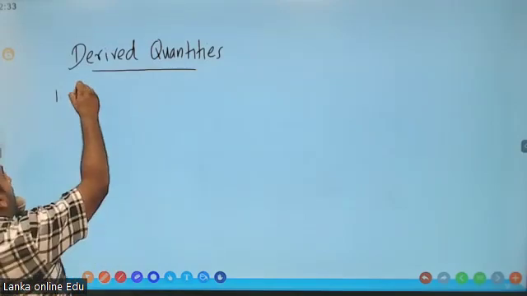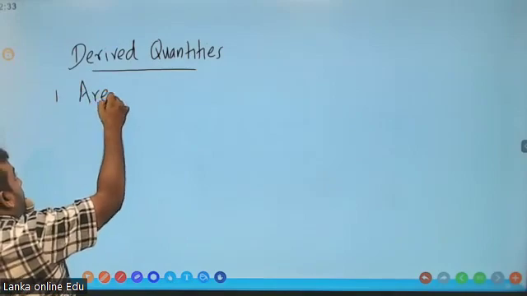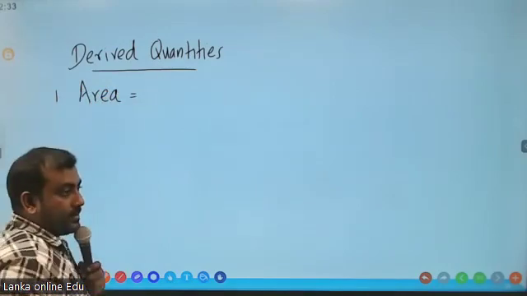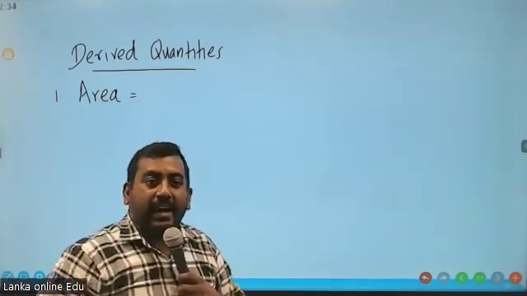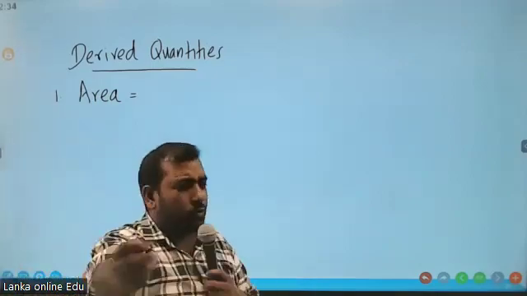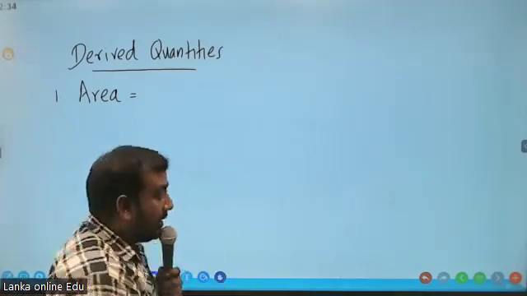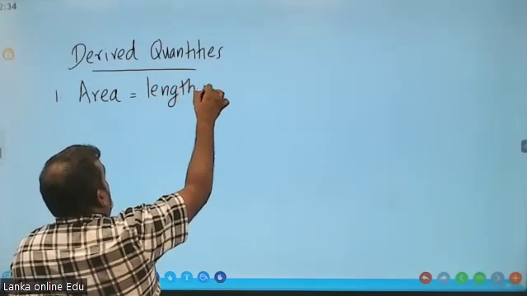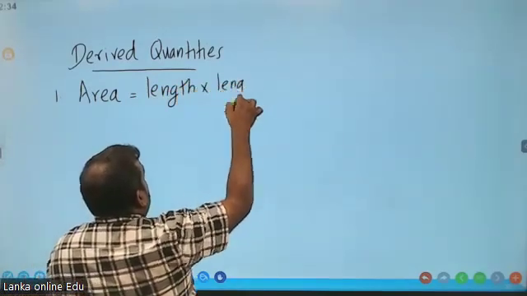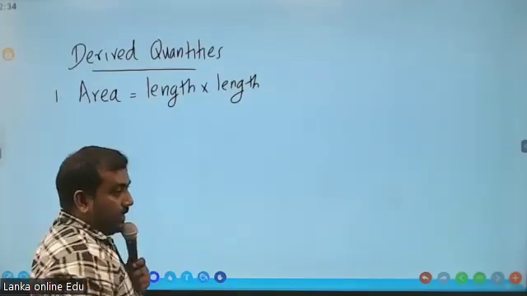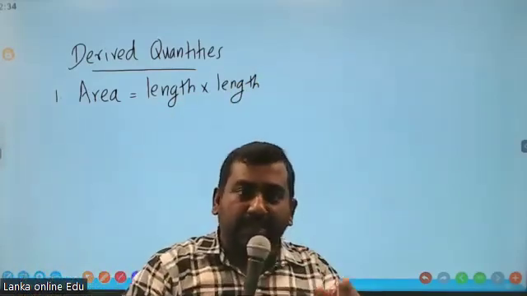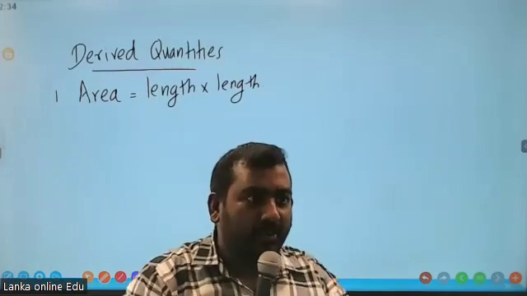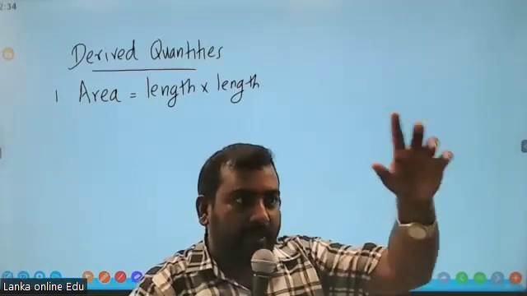We started with area. What is area? Length multiplied by breadth. Anyway, 2 lengths you're multiplying. Length multiplied by another length. Length is a fundamental quantity, right? Mass, length, time. MLT, remember?